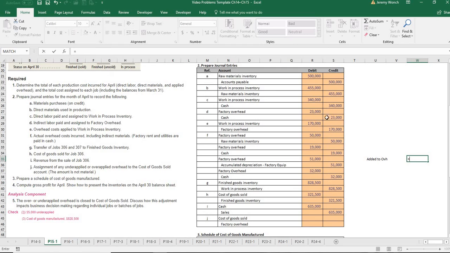So that's going to be all our debits to factory overhead. So that's going to be $23,000. We debited here for $50,000, and then here for $19,000. Here again for $51,000, and here again for $32,000.